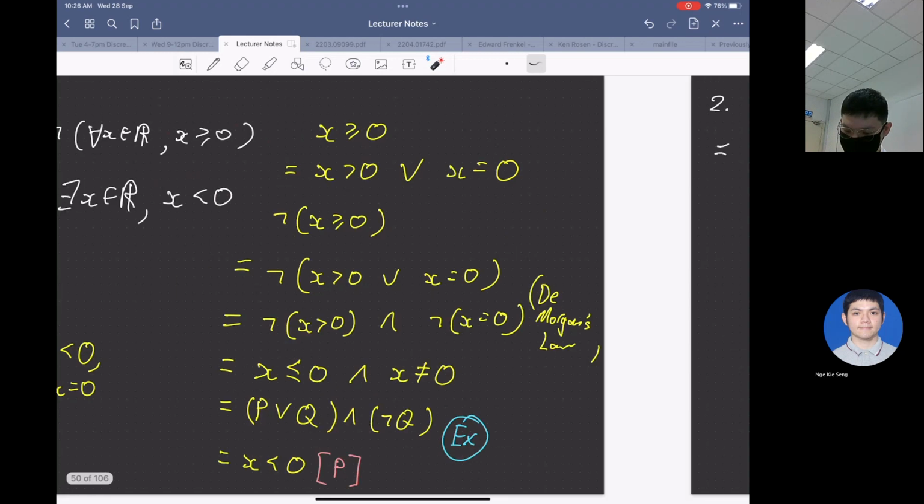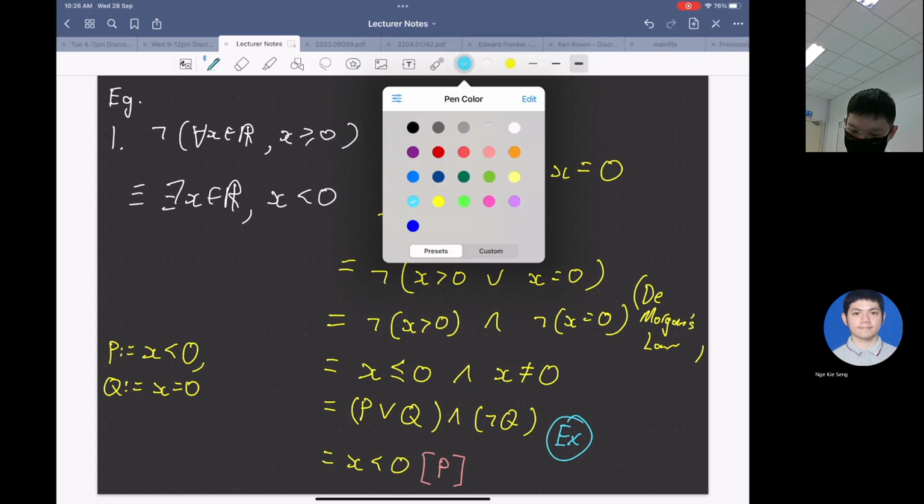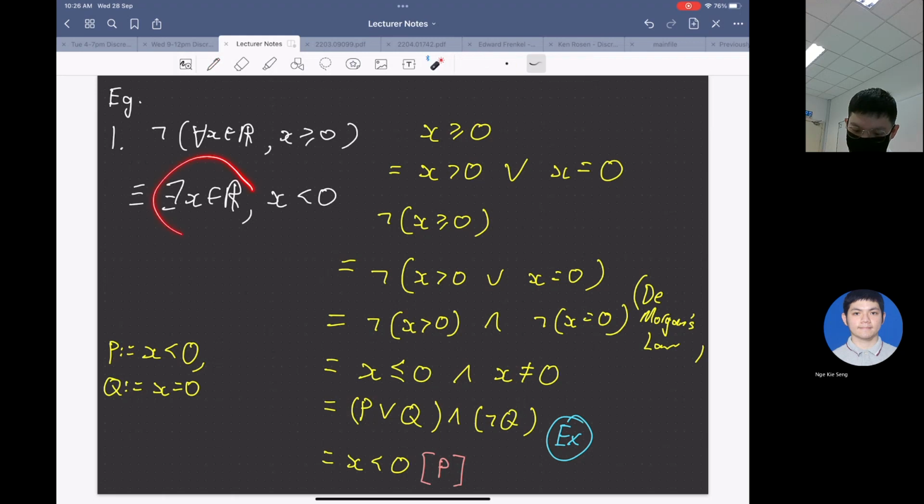Very good. How about this one? We haven't decided if this is true or false yet. There exists an x such that x is less than 0. True or false? True. Why?